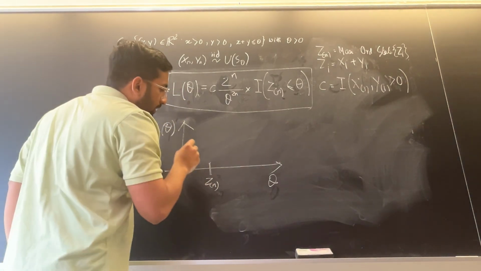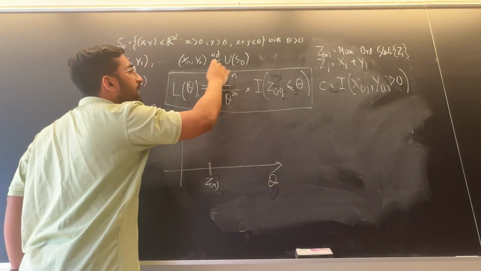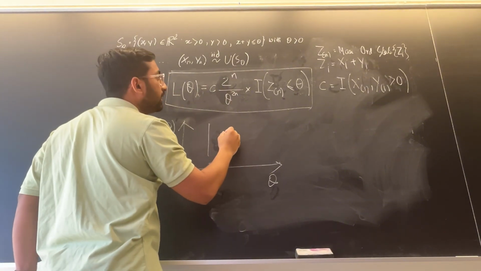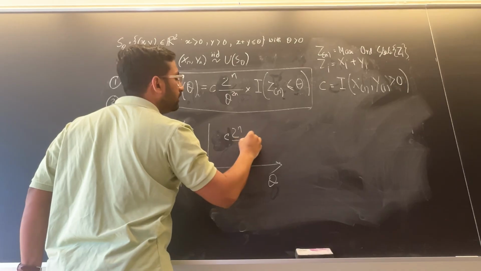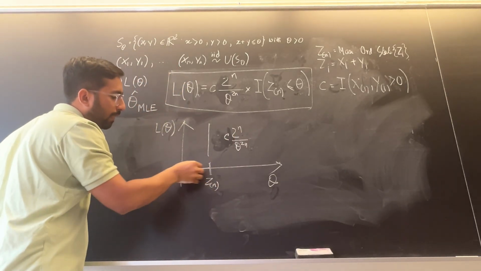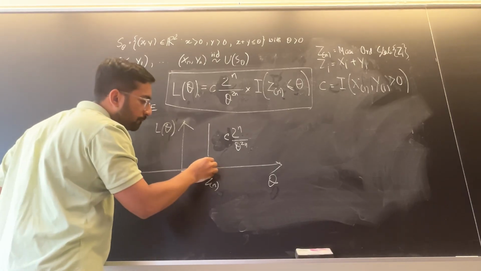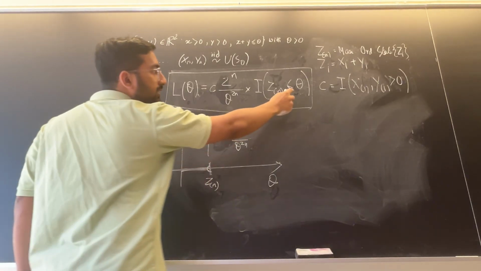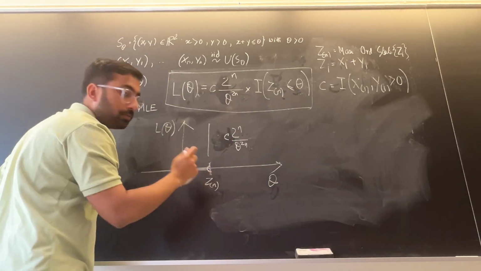After this it behaves like c times 2 to the power n by theta to the power 2n, and before this it's 0. It's open here, because it's theta greater than or equal to.